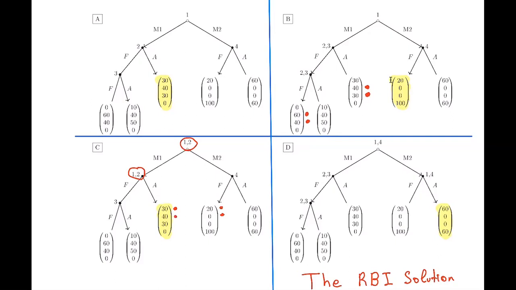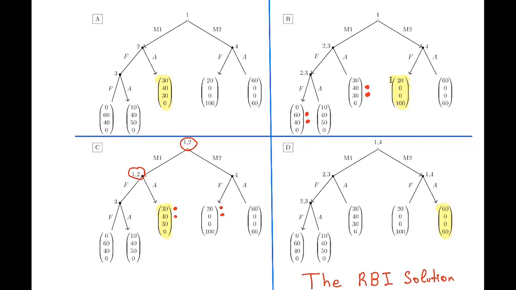So the solution in step C is then for player 1 to cooperate and choose M1 and A, which leads to the outcome 30, 40, 30, and 0.